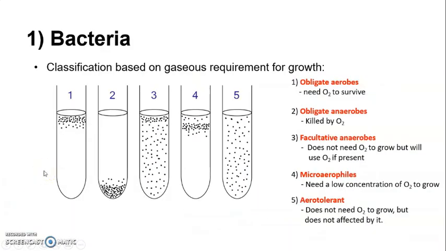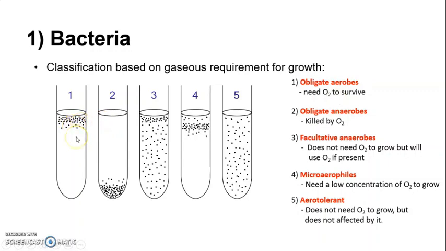Another classification can be based on gas requirements for microbial growth. So here are 5 different types of gas requirements in terms of the need for oxygen. The first one is obligate aerobes, meaning it needs oxygen no matter what.